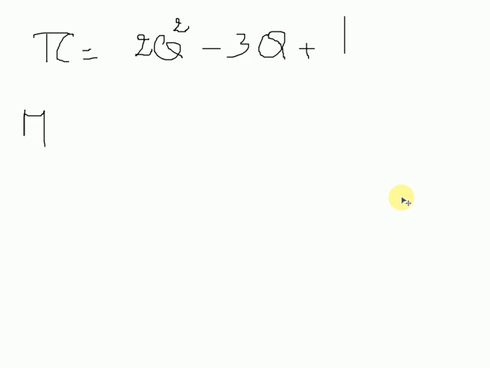So the marginal cost is equal to the change in total cost over the change in Q. It's equal to 4Q minus 3.